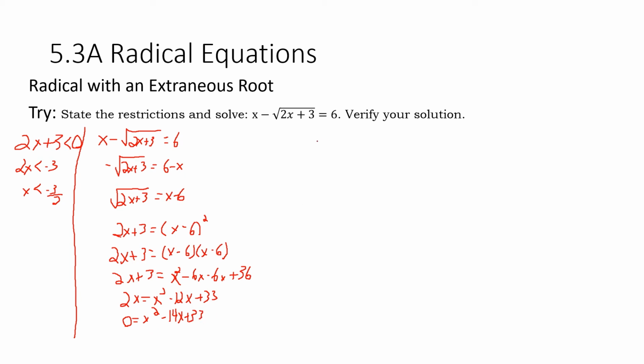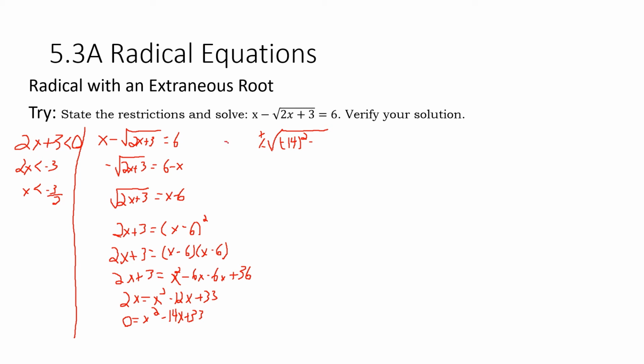All right, let's use the quadratic formula to find our two values for x. And then we'll find out which one's extraneous. So, negative b plus minus the square root of b squared minus 4ac, all over 2a.